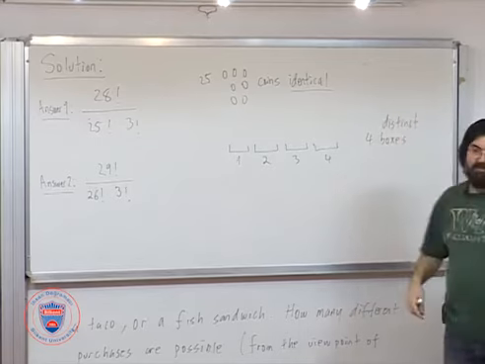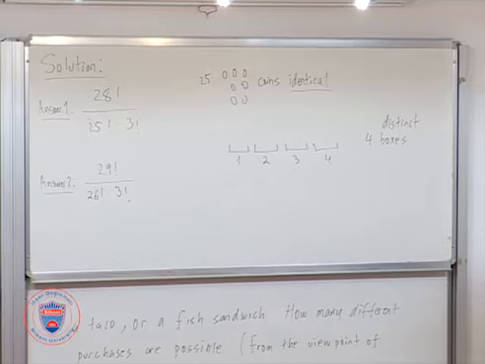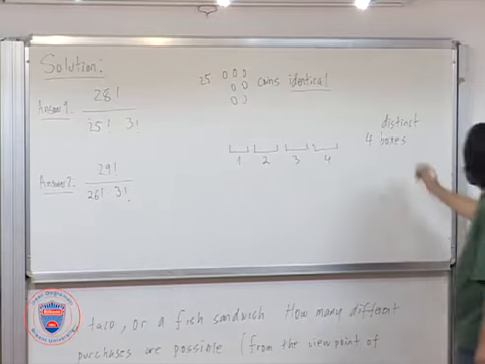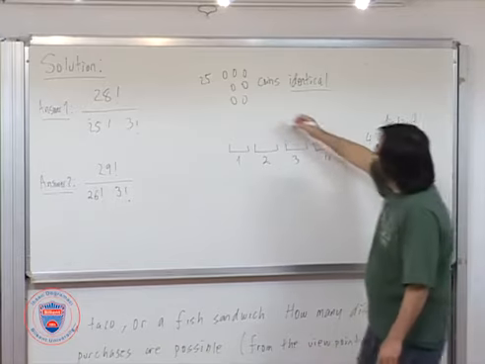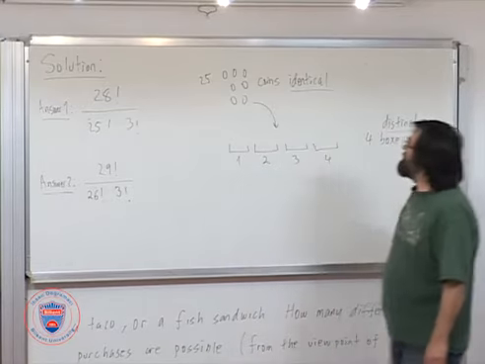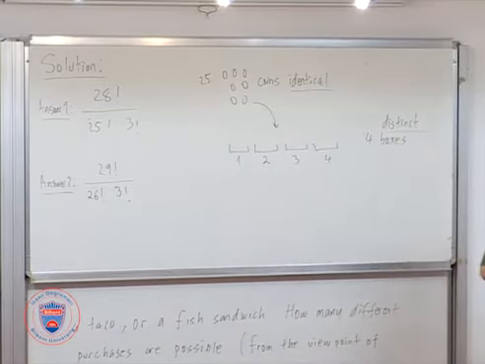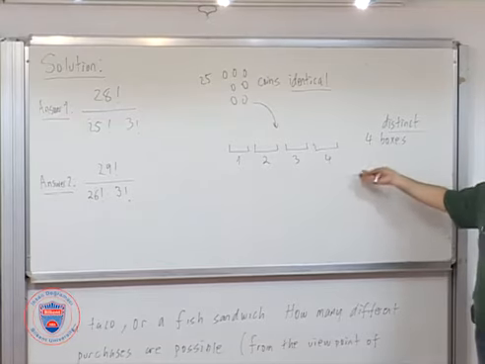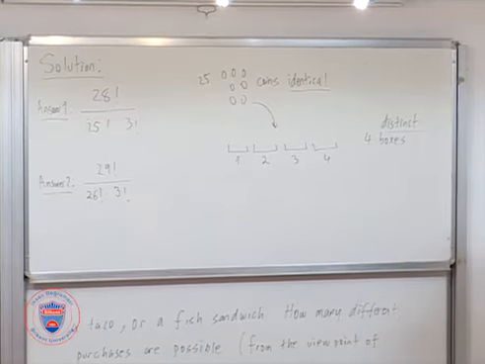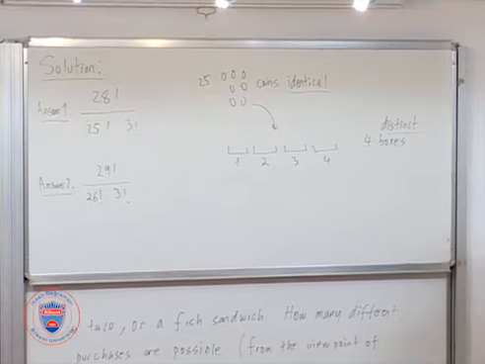So we have 25 identical things and 4 distinct things. Remember we talked about how identicals and distincts are important. So the problem is how many different ways you can distribute 25 identical things into 4 distinct boxes. Yeah, it's exactly that problem. So how many ways can I do this?